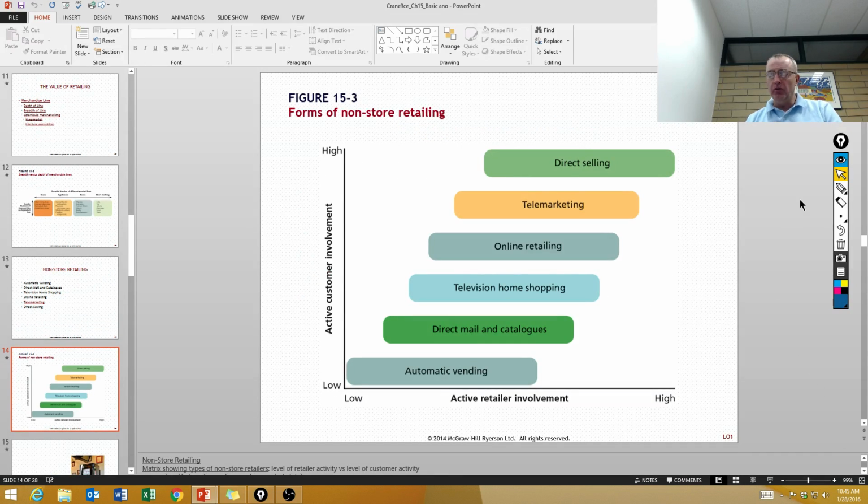So we can classify these different types of non-store retailers based on the level of retailer involvement and the level of customer involvement. And we kind of have this chart that shows an increasing progression in active retailer involvement and active customer involvement.